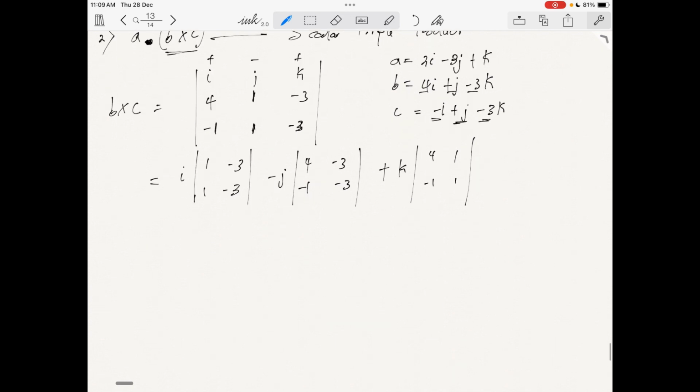Now with that done, we multiply out taking the leading diagonal first for each case. So that is i. This will be 1 multiplied by minus 3, that's minus 3, minus 1 multiplied by minus 3, which is minus minus 3, minus j into 4 multiplied by minus 3, that's minus 12, minus minus 1 multiplied by minus 3, and that will give us 3, plus k into 4 multiplied by 1 is 4, minus minus 1 multiplied by 1.